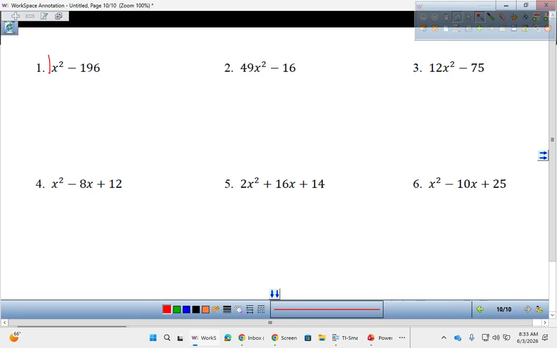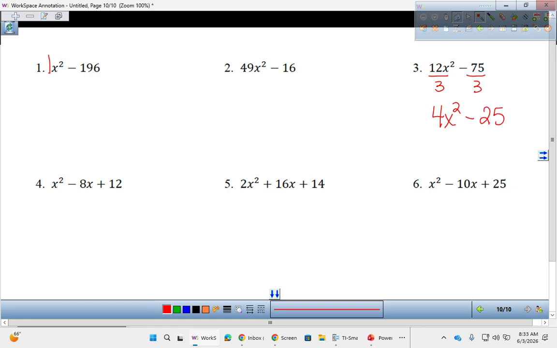So even though I can't divide out an x, I can divide out a 3. So I'm going to write what I get when I divide out the 3. So 12 divided by 3 is 4. And then there's no x's in the bottom, so that x squared just stays. And 75 divided by 3 is 25.